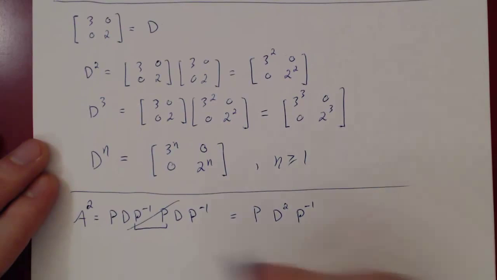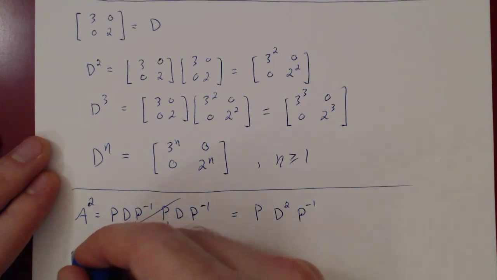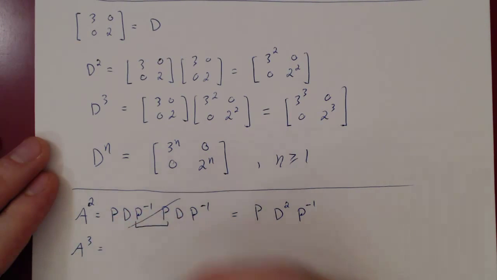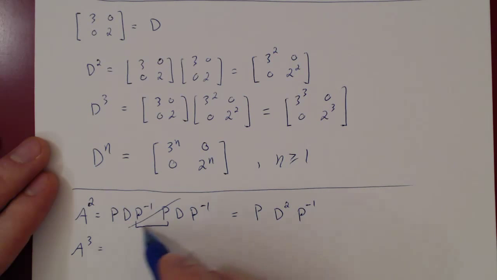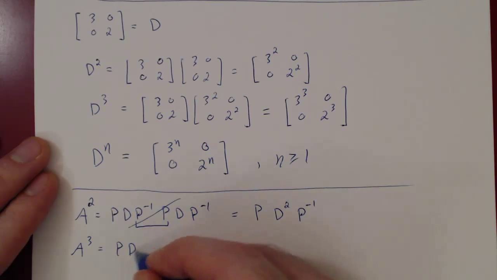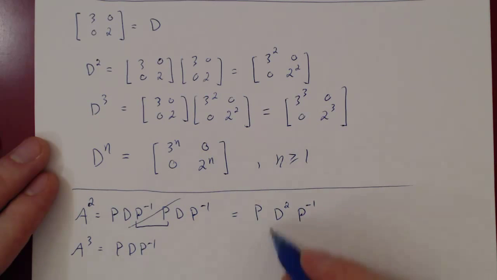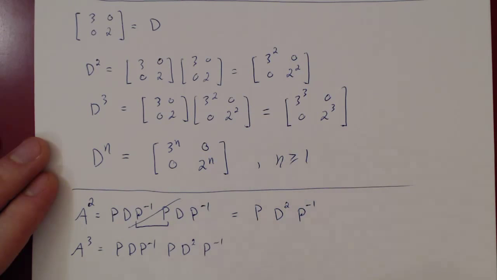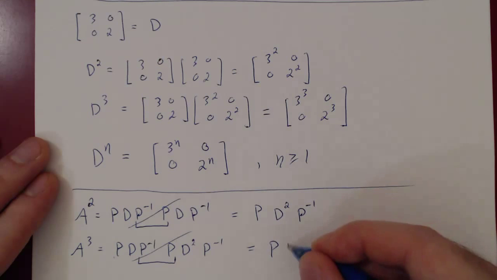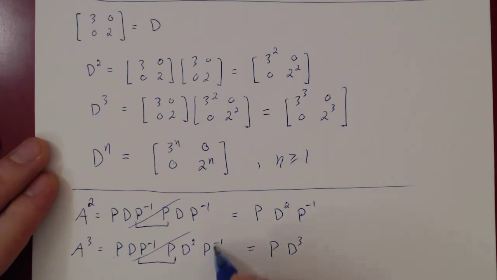What about A cubed? Well, it would be A times A squared. A was PD P inverse times A squared, P D squared P inverse. Once again, in the middle, P inverse times P is I. This will cancel, and you'll be left with P D D squared, which is D cubed, P inverse.